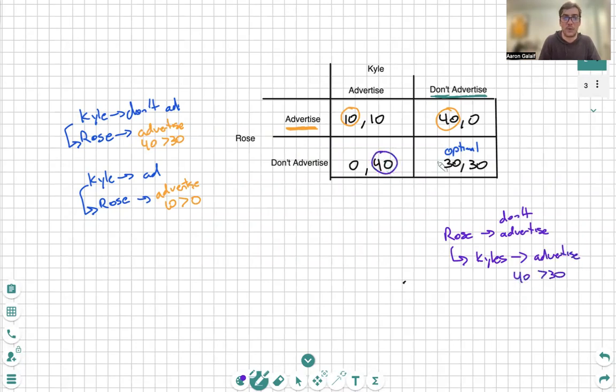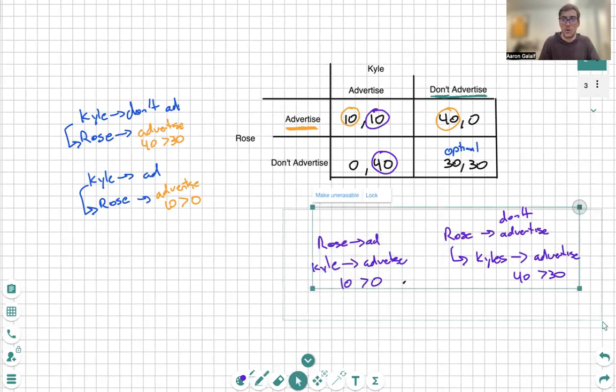We see that here, 40 is greater than 30. And then again, if Rose were to advertise, Kyle's best response, surprisingly, is again to advertise. And why is that? 10 is bigger than 0.